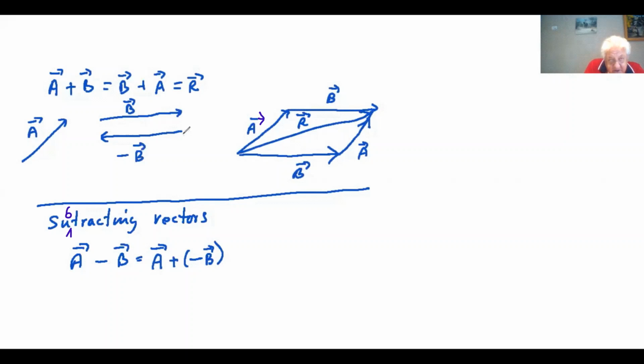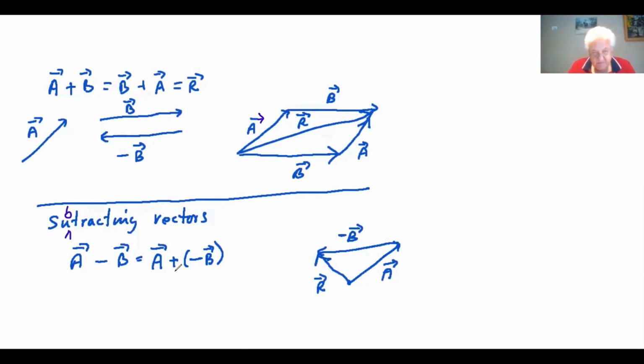Notice the magnitudes do not change, just the direction is opposite. So in this case, if I start with A, remember the rule for addition is to put them head to tail. So I take my negative of B, place it head to tail. This is my minus B, and my resultant is going to be, this angle is going to be difficult to draw. You can see the resultants are different.